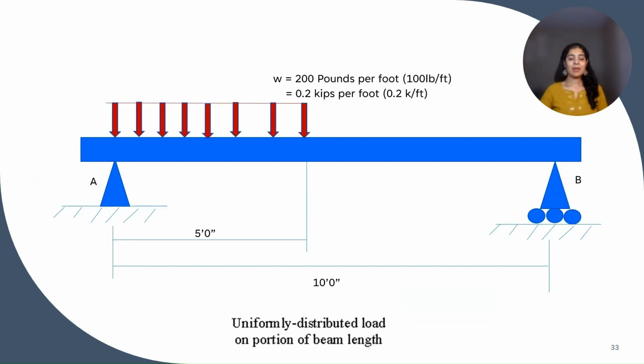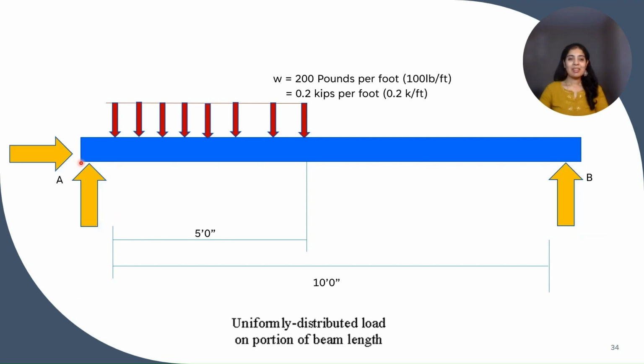This is the example where a uniformly distributed load is acting on a partial length of this simply supported beam. So how do we calculate the reactions? We will see. This is the free body diagram of this simply supported beam with uniformly distributed load acting for the partial length.